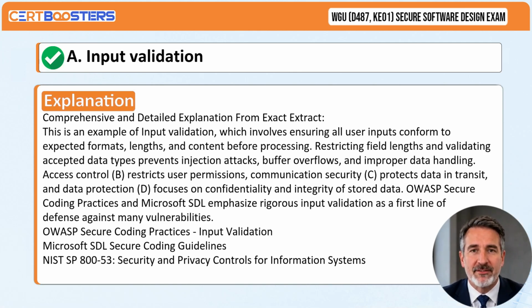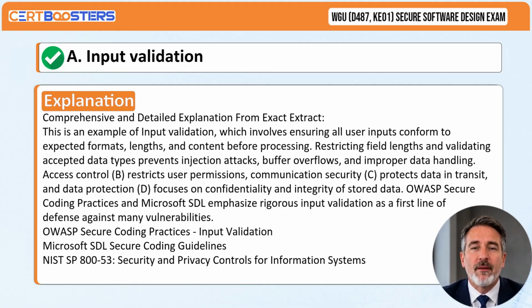Explanation: This is an example of input validation, which involves ensuring all user inputs conform to expected formats, lengths, and content before processing. Restricting field lengths and validating accepted data types prevents injection attacks, buffer overflows, and improper data handling.